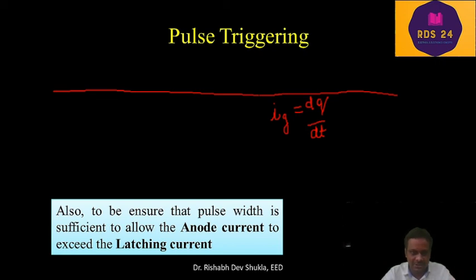What sufficiency in the sense? The anode current exceeds the latching current. This is the limit up to how long you are going to decide the pulse width. Thank you.